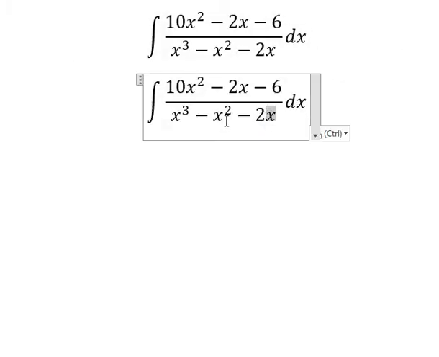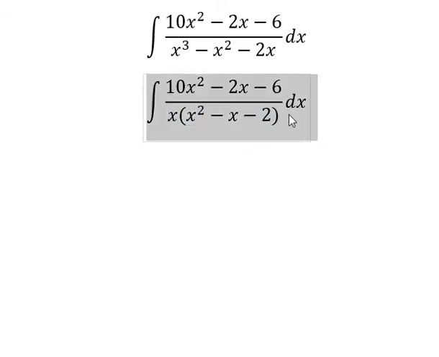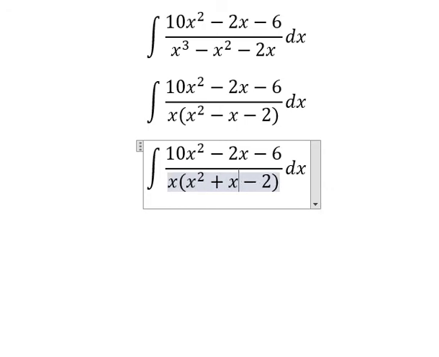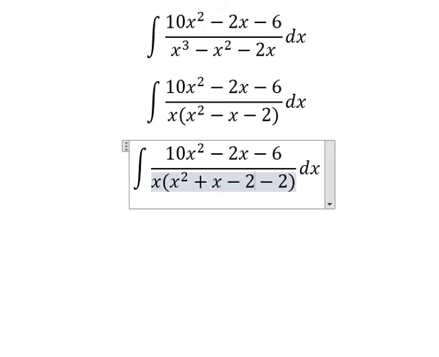About s squared and s to the power of 3, we can do factorization by s. About negative s, I can put into positive number, positive s minus 2s.